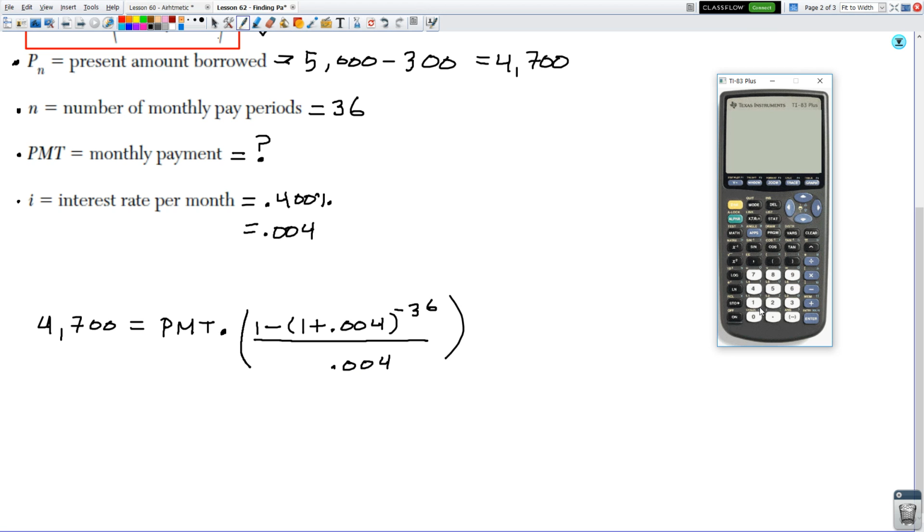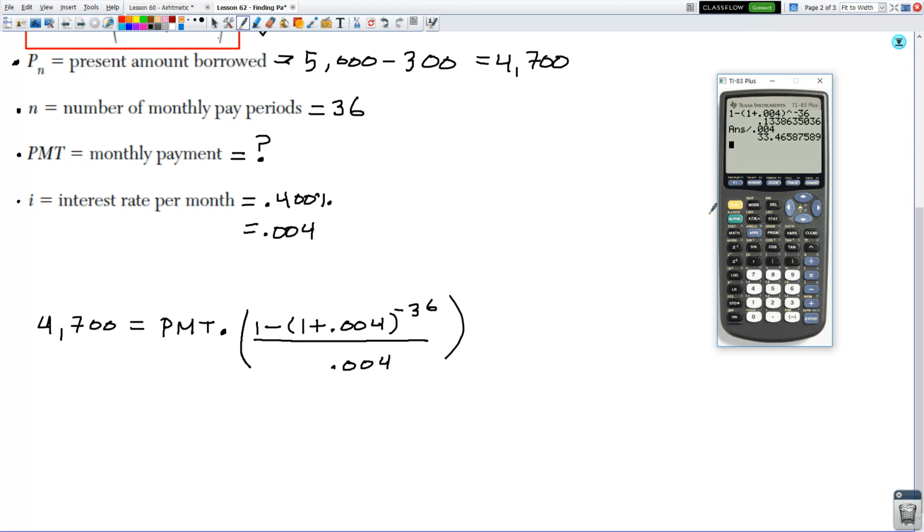So we're going to have 1 minus, open parenthesis, 1 plus 0.004, close the parenthesis, and now we're going to put an exponent of negative 36. This is what we have on the numerator. We're going to press enter. And we still need to divide it by the denominator, so we press division of 0.004.